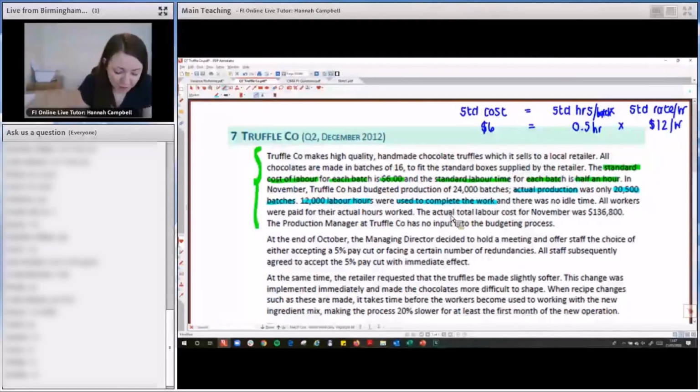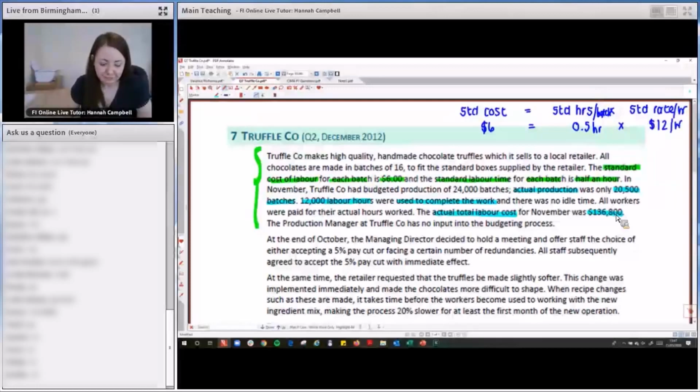The actual total labour cost for November was 136,800. Okay, so we've not been given actual rate per hour, we've just been given the actual total labour cost, which is made up of those 12,000 hours multiplied by the actual rate that we've paid.